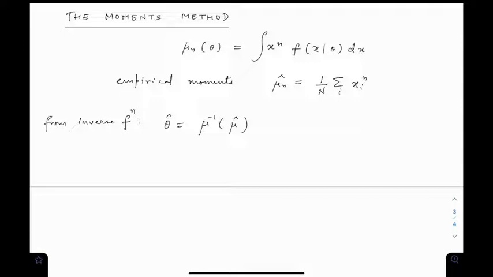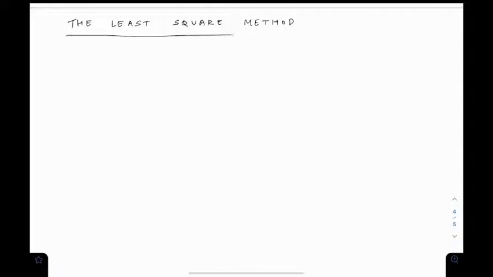Next, let's look at the least square method. A frequently occurring problem is that measured points and error margins are given, through which we want to fit a curve.